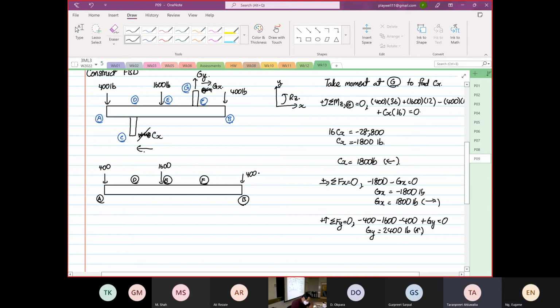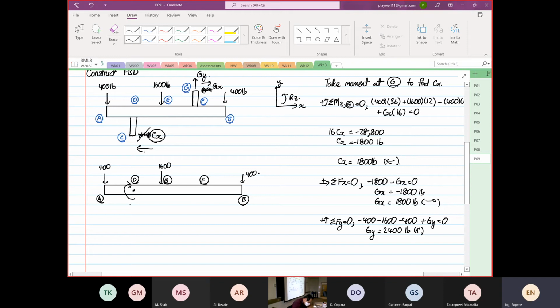Eugene: Now, why did we exclude C and point G? Not yet. I did not exclude. I'm not done yet. Because Cx over here is going to induce a moment.